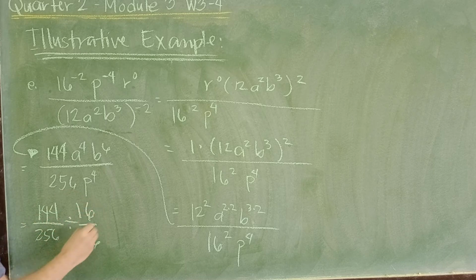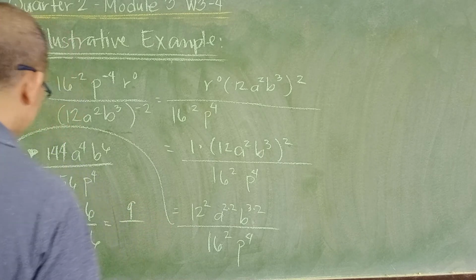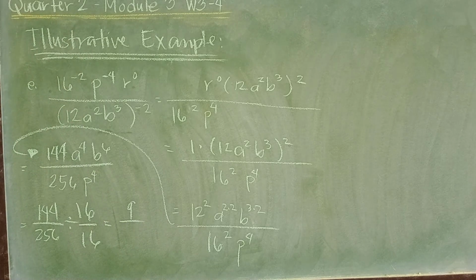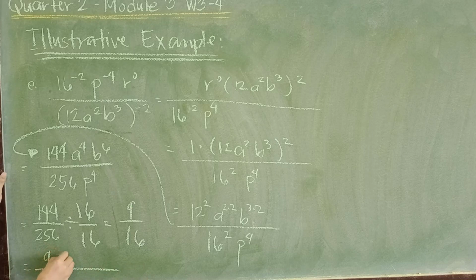So, 144 divided by 16, that is 9. And then, 256 divided by 16, that is 16. So, yung final answer natin would be 9A raised to 4, B raised to 6, all over 16, P raised to 4.